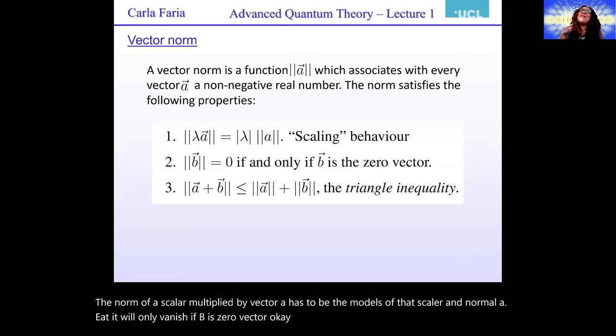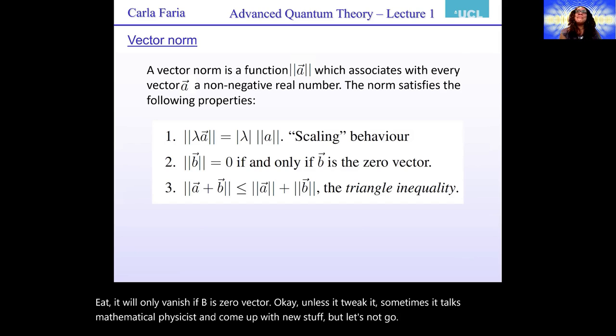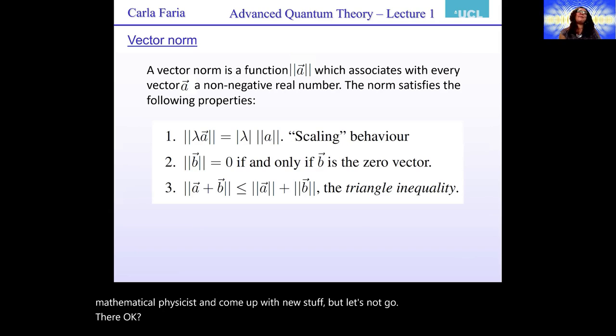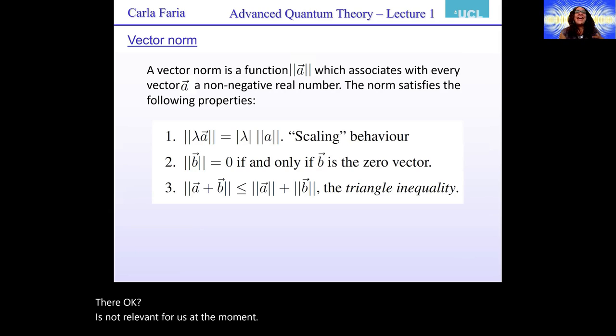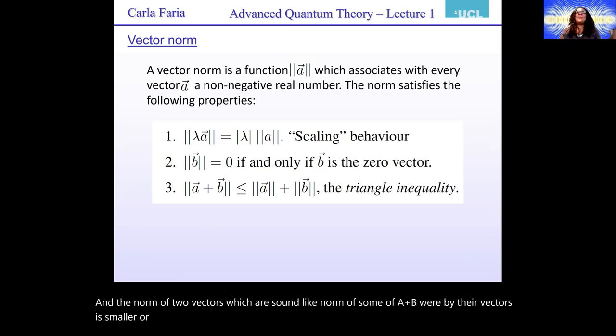Sometimes you talk to mathematical physicists and come up with new stuff, but let's not go there, okay? It's not relevant for us at the moment. And the norm of two vectors which are summed, like the norm of A plus B, is smaller or equal than the sum of the norms, which is the triangle inequality.